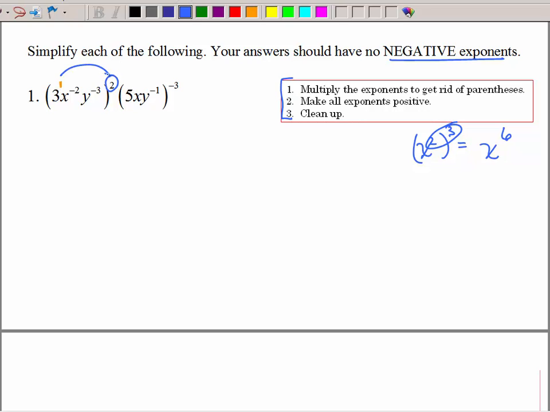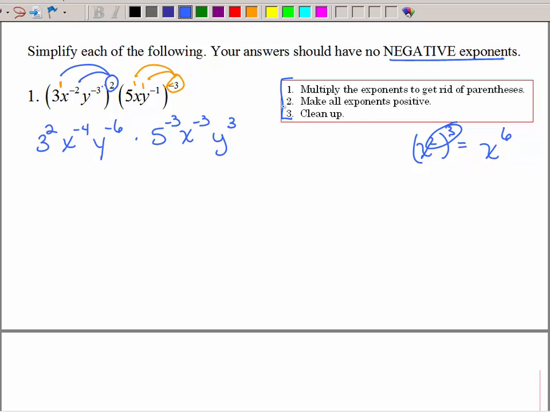So I'm going to multiply all those exponents and keep the base. So I have 3 to the 2, x to the negative 4, y to the negative 6. I'm going to do the same thing on each of those, so I have 5 to the negative 3, x to the negative 3, and y to the positive 3.